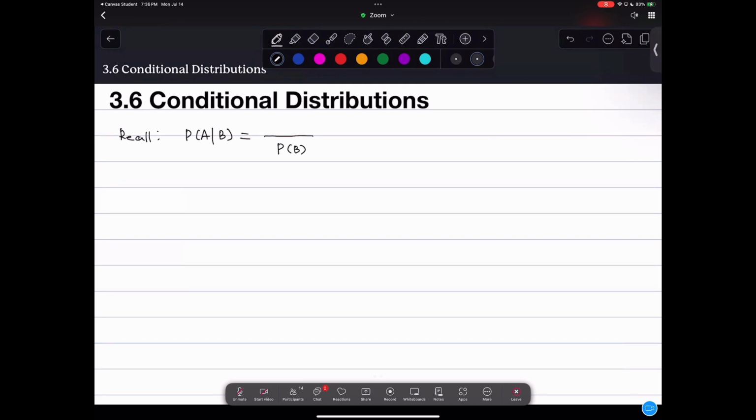Then the numerator is A and B happening together, A intersection B. This is exactly what we're doing with the distribution. Here we go. In particular, let's get the discrete random variable case.